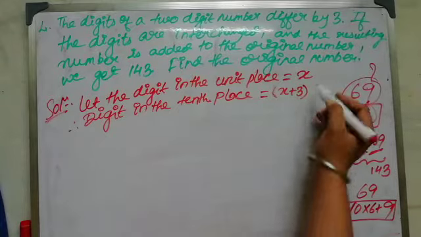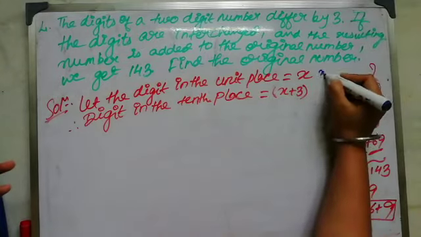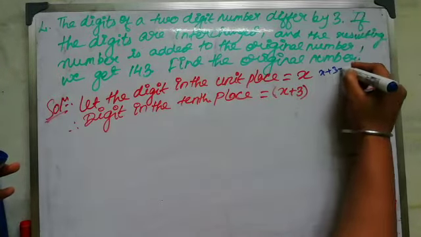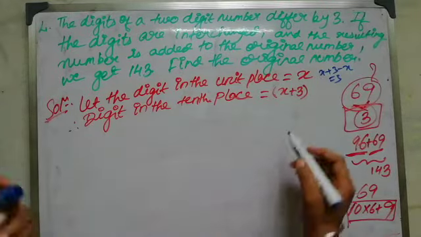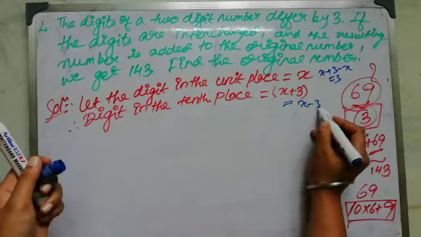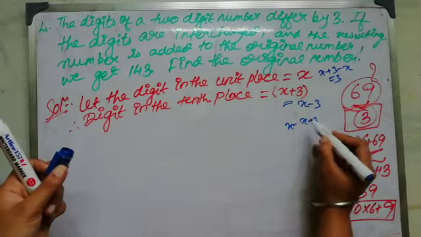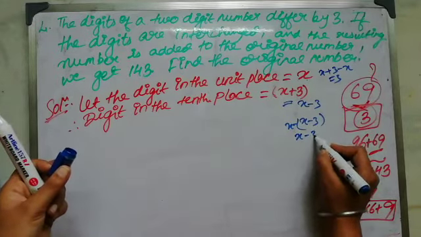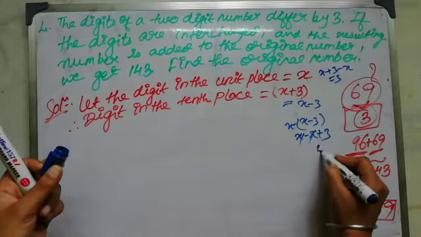Why? Since x plus 3 is greater, x plus 3 minus x gives me 3. Or if I had taken x minus 3, then x minus (x minus 3), since x is greater here, gives me 3.